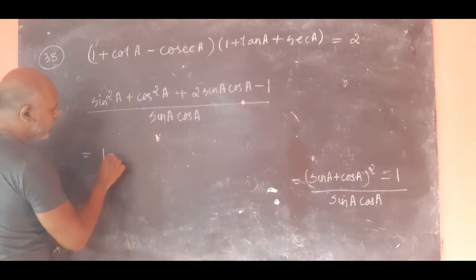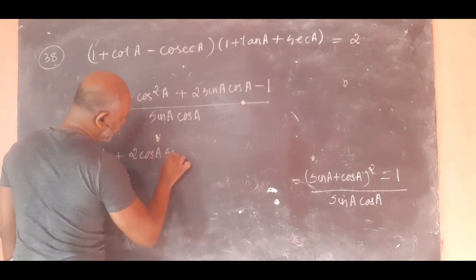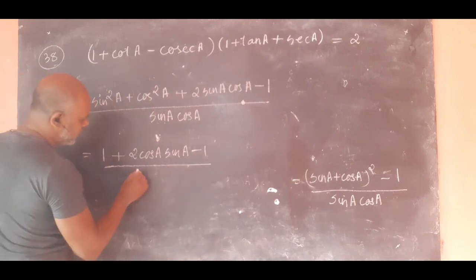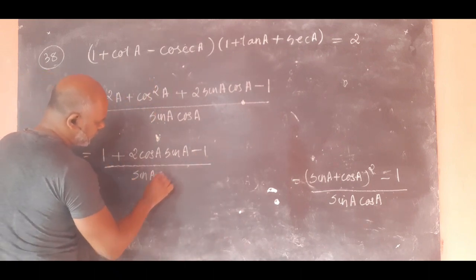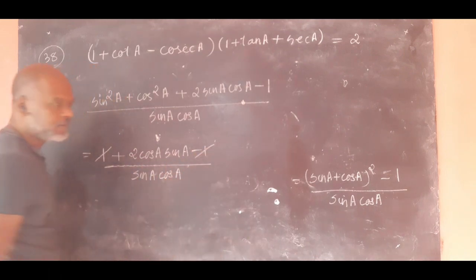So we can write 1 plus 2 cos A sin A minus 1 divided by sin A cos A. We will cut off this plus 1 minus 1.